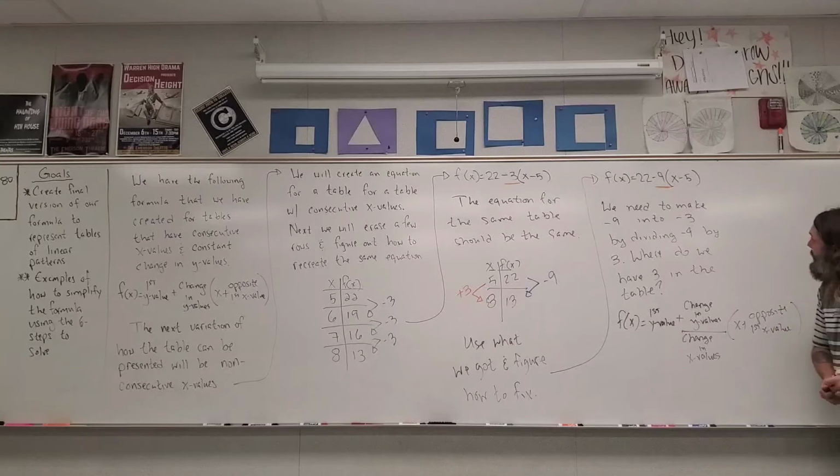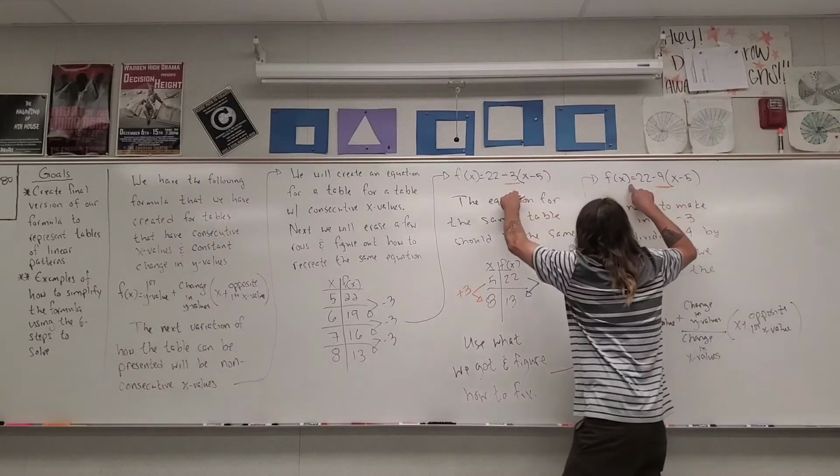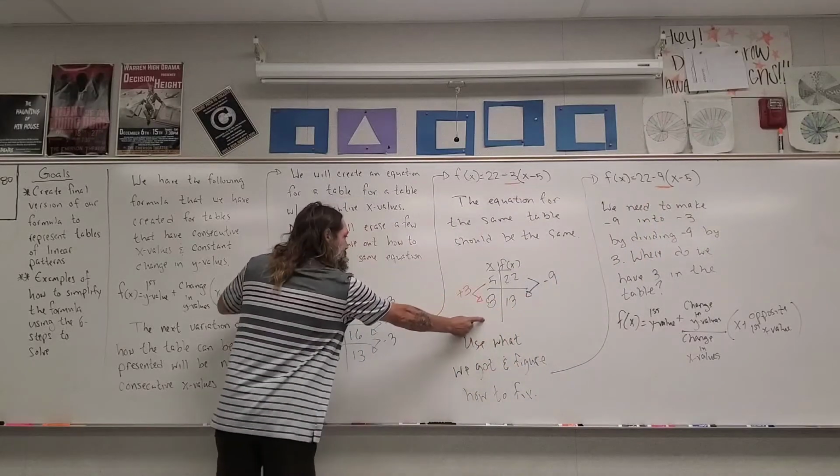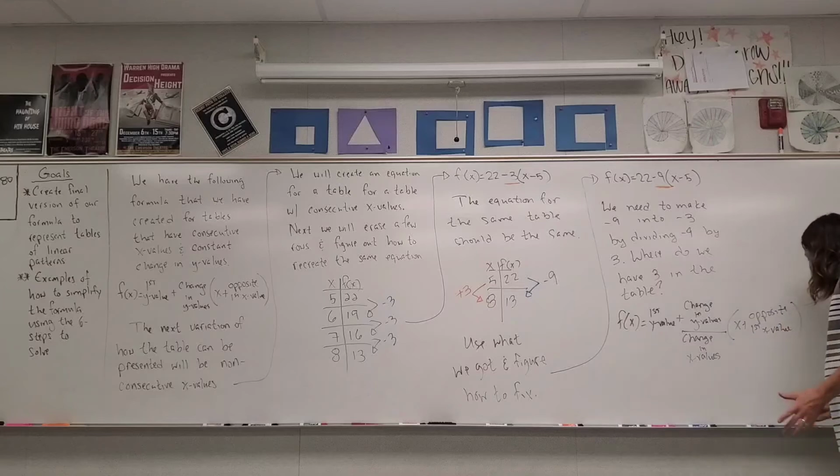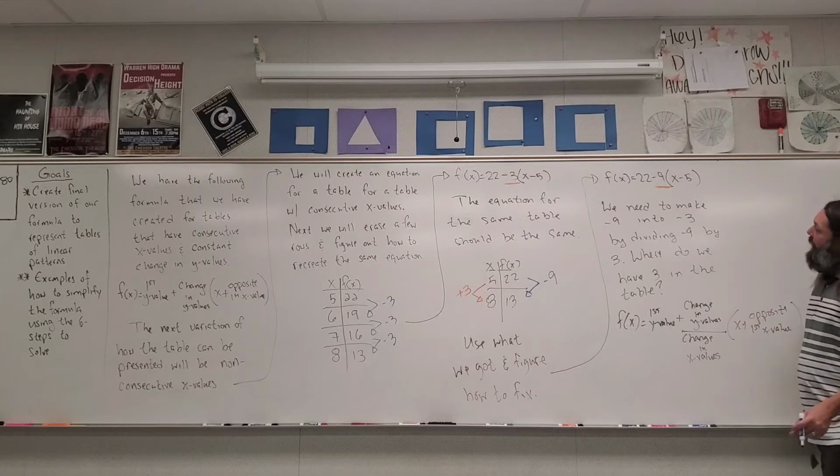And so remember, again, I'm going to say this. These equations need to be the same because they represent the same tables, okay? So let's plug in what we got and we'll see that we get the same thing.